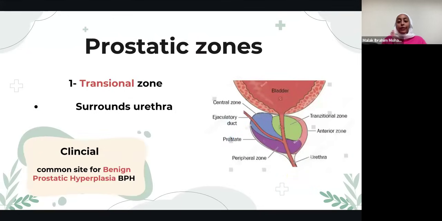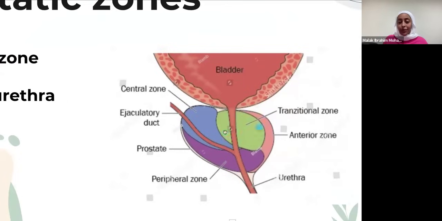Okay, very, very important, very, very high yield are the zones and lobes. Lobes are not very high yield, but the zones are really important. So, first thing, we're going to talk about the transitional zone. This transitional zone, what does it surround?